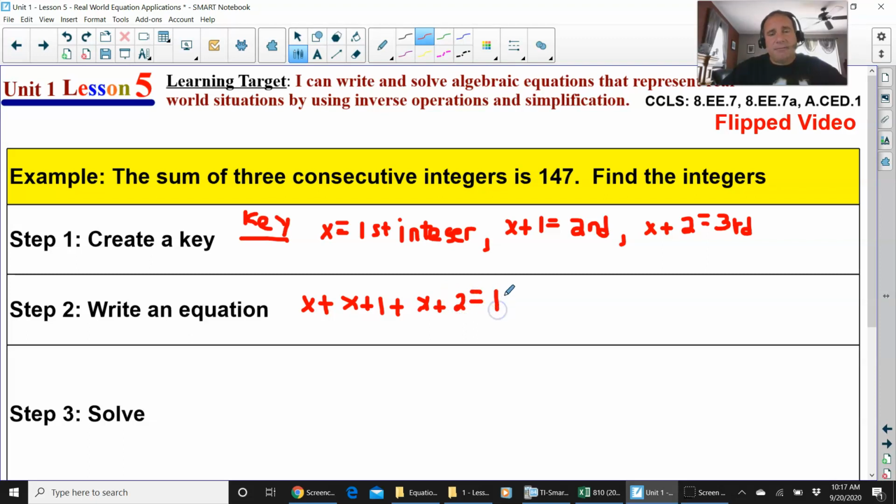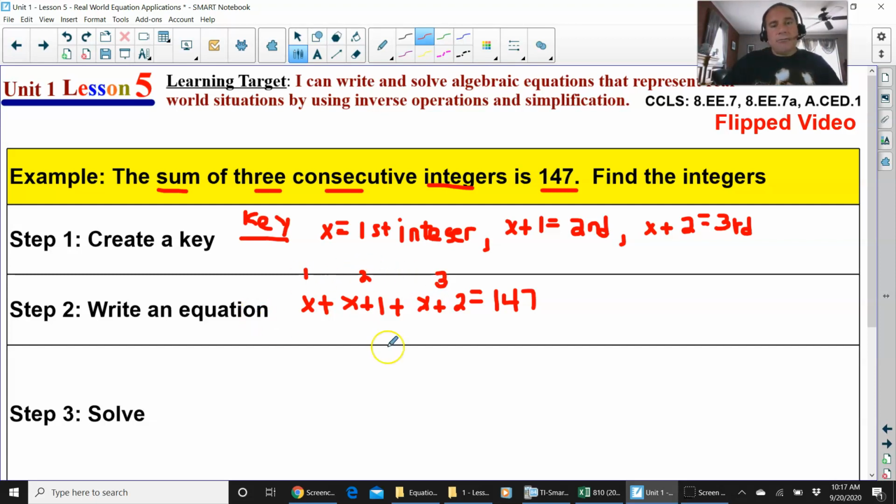Like in that problem, this is the equation right there. It says that the sum of the 3 consecutive integers is 147. That's exactly what this is. This is the first, this would be the second consecutive integer, this is the third consecutive integer. You add them all up, it has to equal 147.